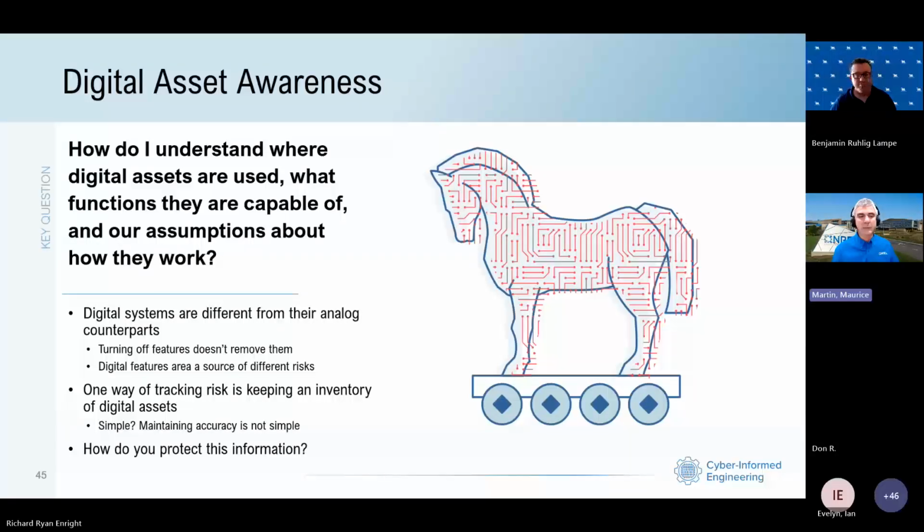We need to look at our devices and examine our assumptions about how they work and what their failure mode looks like, and then propagate those downstream through our system. Are we accounting for all the possible failure modes? Again, thinking in terms of any digital device can be compromised given enough time and resources.